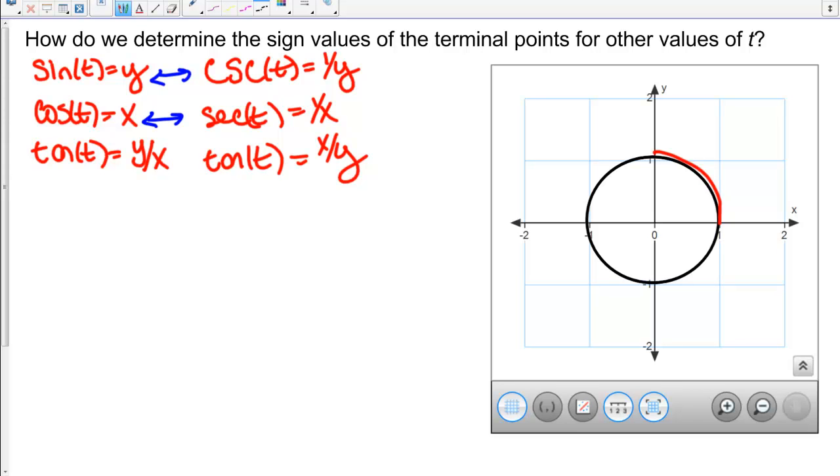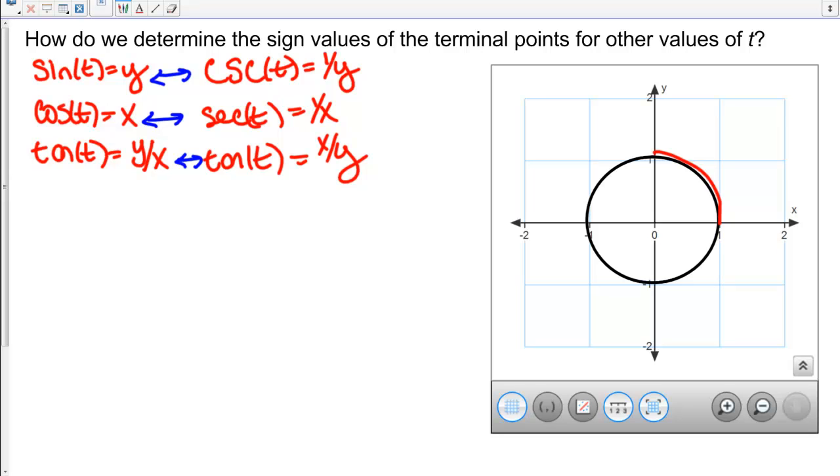These will always have the same sign. And these will always have the same sign. Because it doesn't matter if our positive and negative numbers are on the bottom or top, y and 1 over y will have the same sign. And so will x and 1 over x, and y over x and x over y.